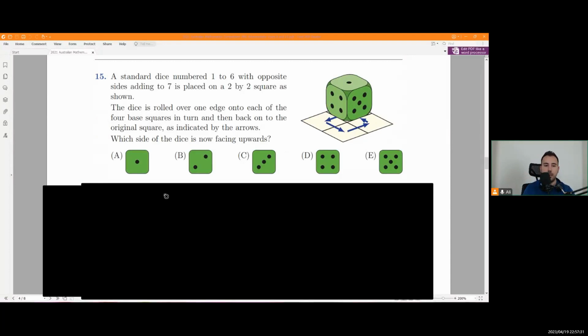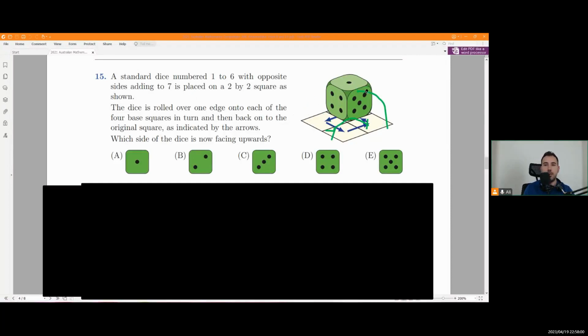So when it says 7, for example, 3 and 4 are opposites. 6 and 1, 2 and 5 are opposites. The dice is rolled over, one edge onto each of the 4 squares in turn. So here it says that it's going here, then we're going to go here, then here, and then we're going back to the original square.